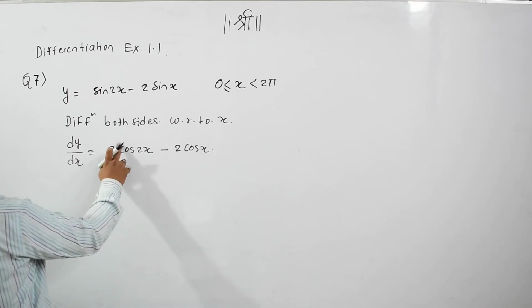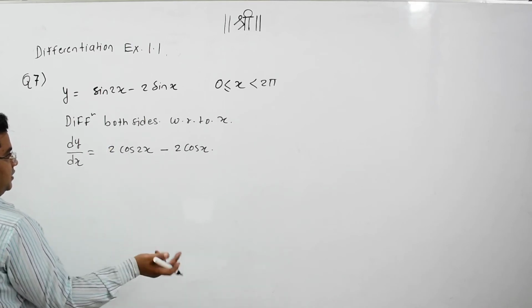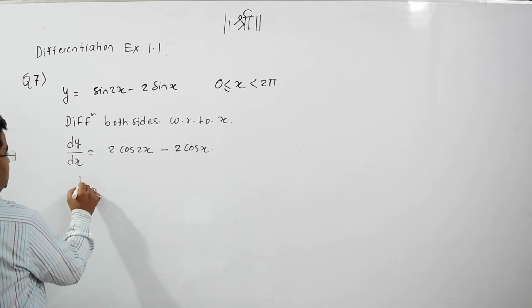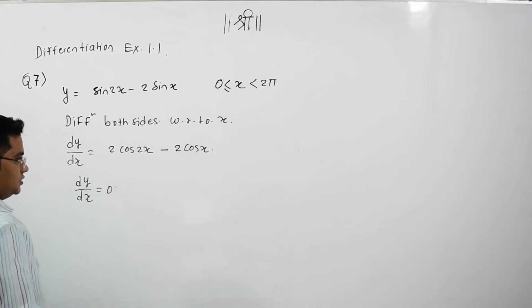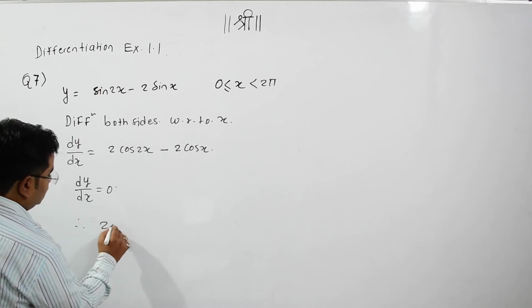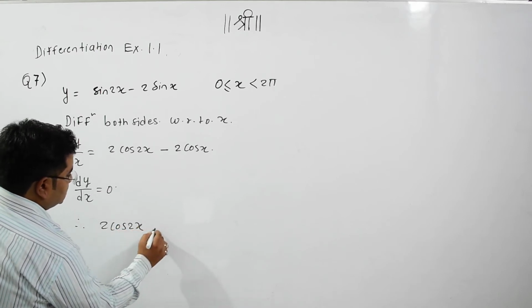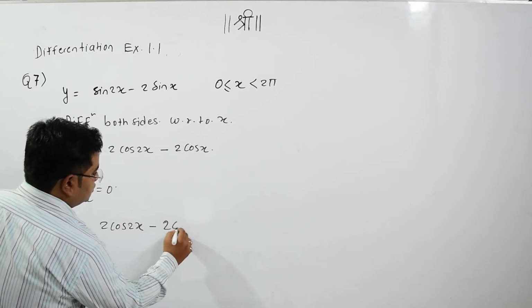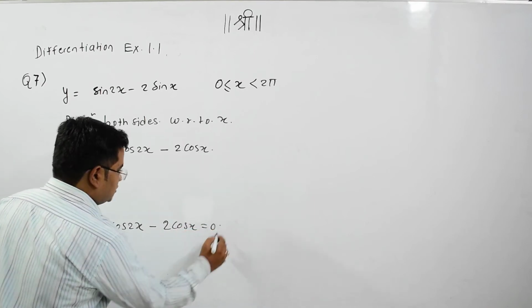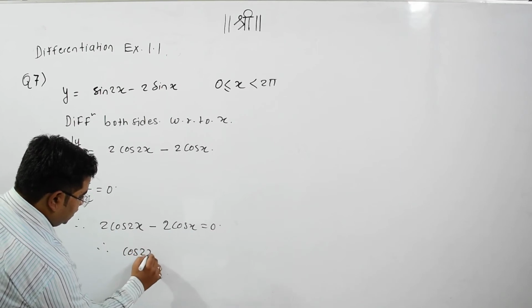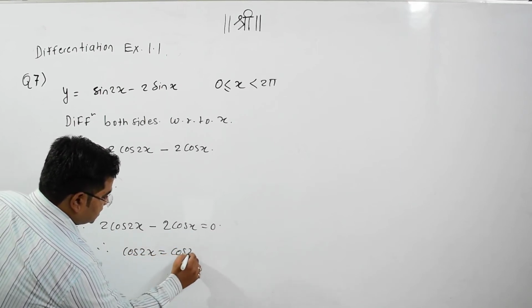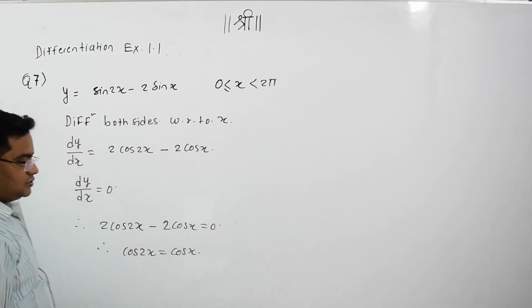Now we apply the formula: dy upon dx is equal to 0. Therefore 2 cos 2x minus 2 cos x is equal to 0, which indicates that cos 2x is equal to cos x. Most important.